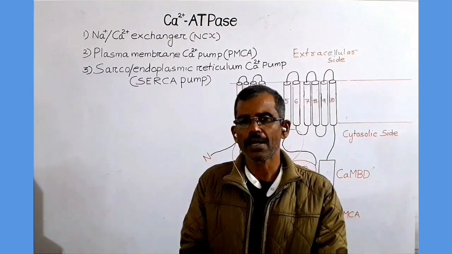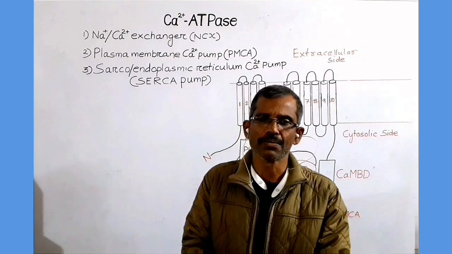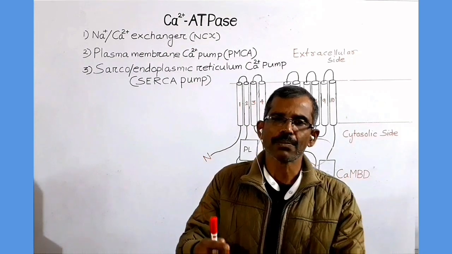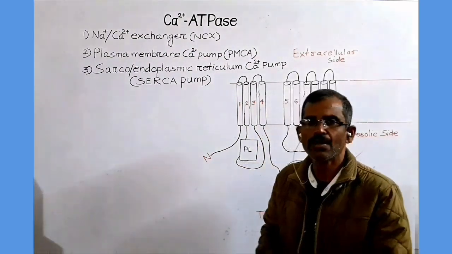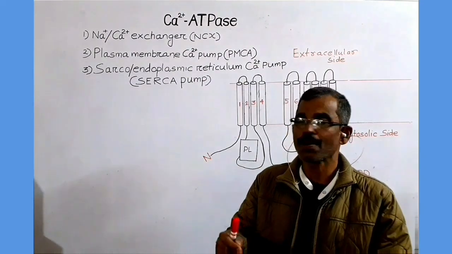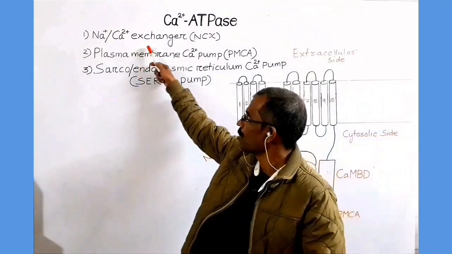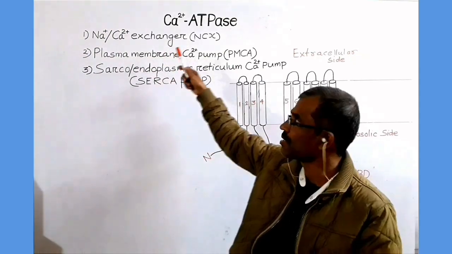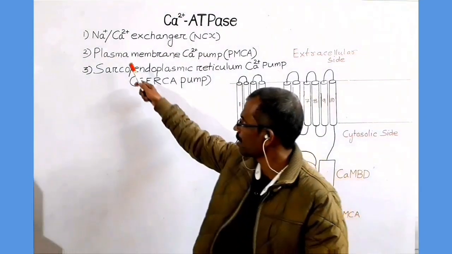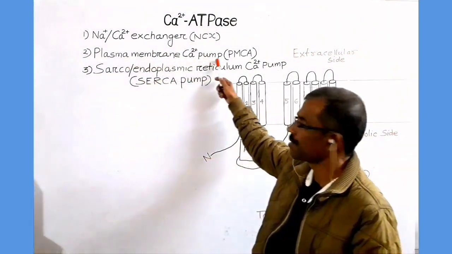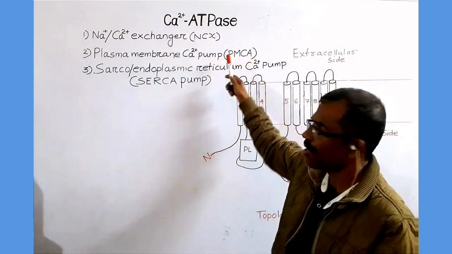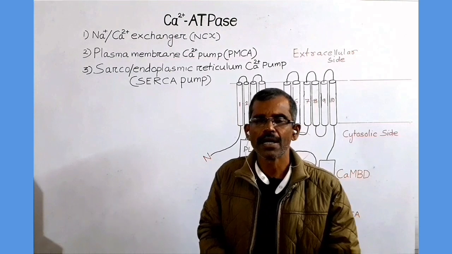The plasma membrane contains several types of channels that mediate the entry of calcium ion into the cell. The plasma membrane also contains two systems that mediate the removal of calcium ion from the cell. These two systems are a sodium calcium exchanger, known as NCX, and the plasma membrane calcium pump, also known as PMCA or plasma membrane calcium ATPase.